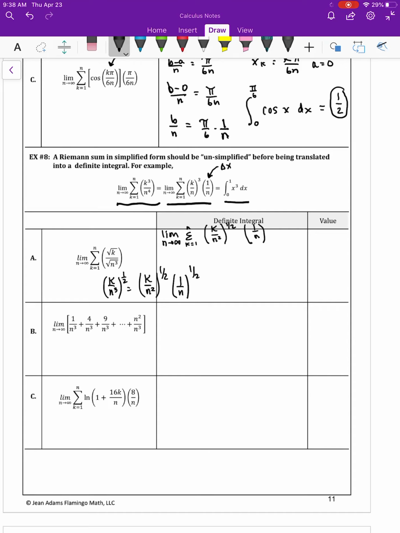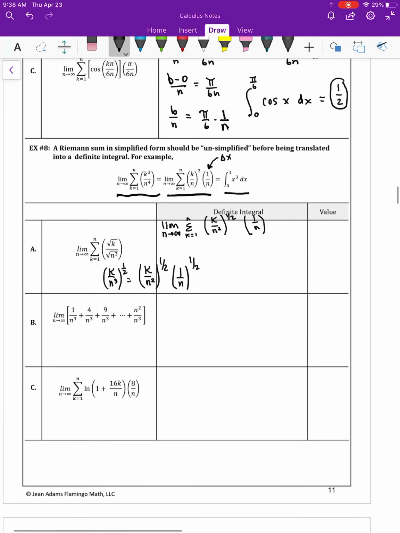So pulling that n out, right? Because basically here you had k over n cubed to the 1/2, right? So you could actually split that up into k over n squared times 1 over n.